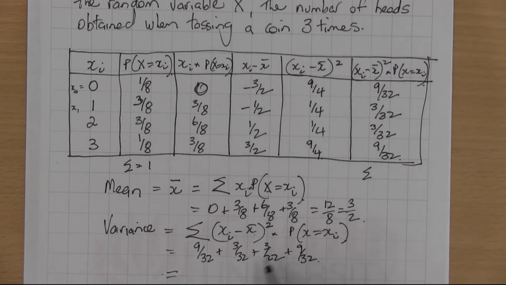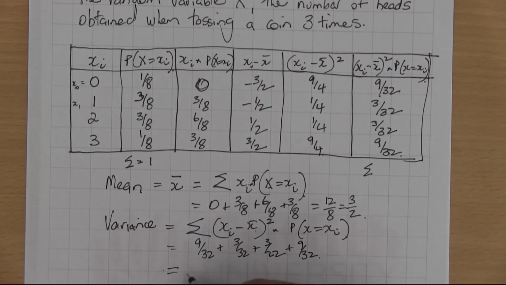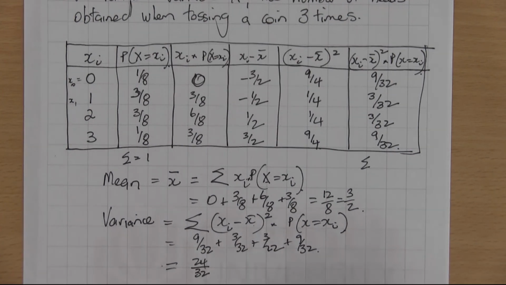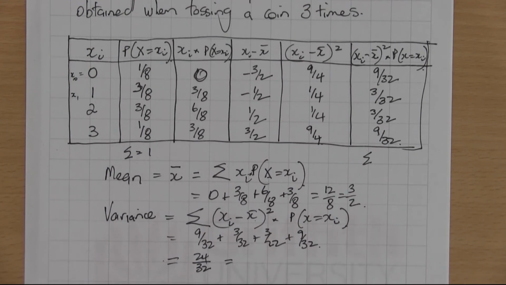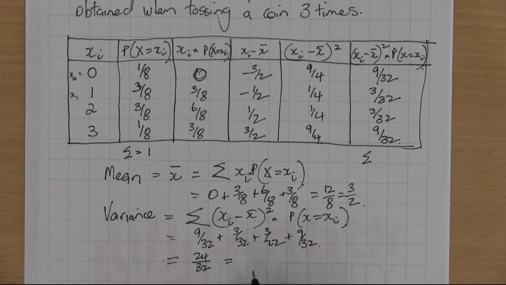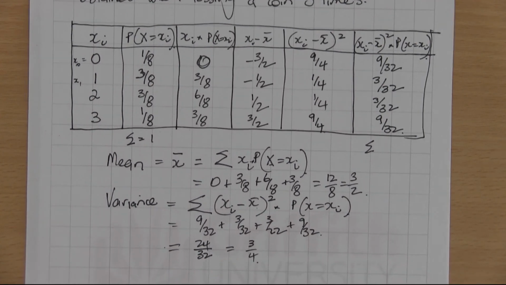All the denominators are the same, so we can put down 32, and when the denominators are the same, we simply add the numerators. 9 and 3 is 12, and we get another 12, that's 24. Always cancel down. We can see straight away that 8 is going to go into the top and bottom, so 3 on 4. So that's the variance.